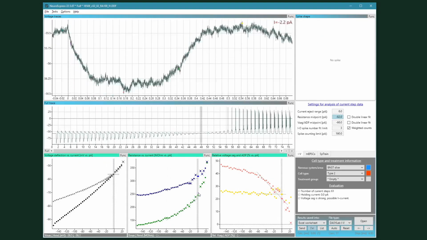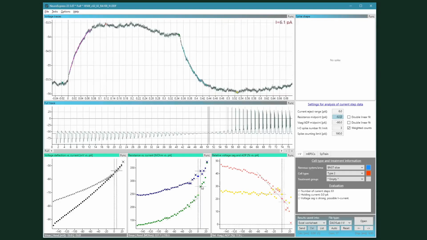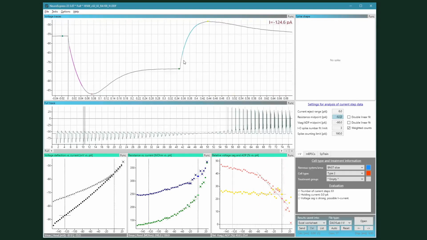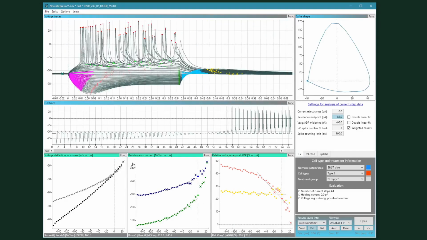Also, the resistance will be different for the green points, which are extracted from the steady state voltage deflection. So delta V is smaller for these green steady state values than for the maximum values. So this is kind of expected when we have such a strong voltage sag.